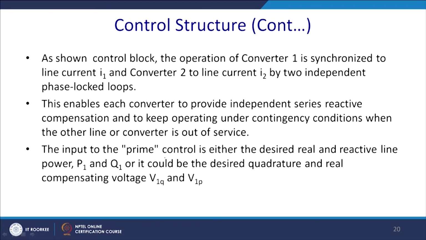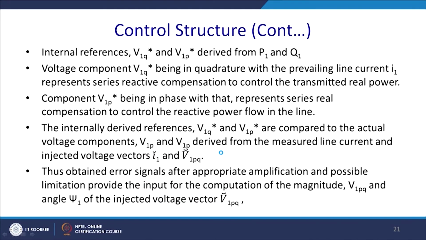The input of the prime control is either the desired real and reactive line power P1 and Q1, or it could be the desired quadrature V1P or V1Q. So, the internal references, that is V1Q and V1P, will be generated from P1 and Q1.